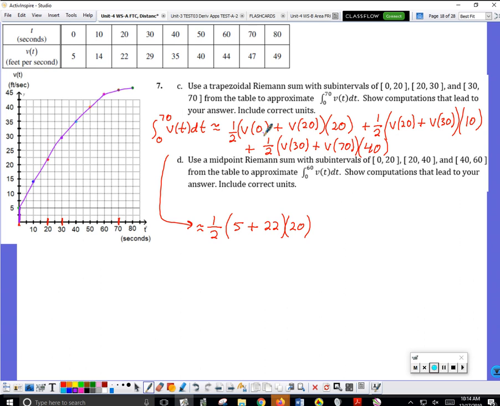You go to the first subinterval, except instead of picking the time that is most left, or the time that is most right, or the time that is in the middle, you actually pick the left and right. So I've written down v of 0. I also write down v of 20. I picked the velocity that was most left and most right.